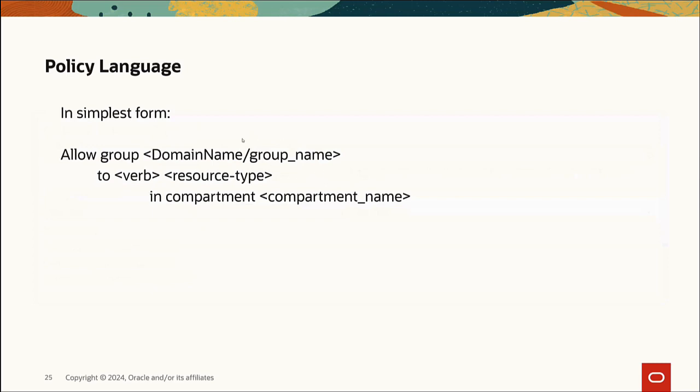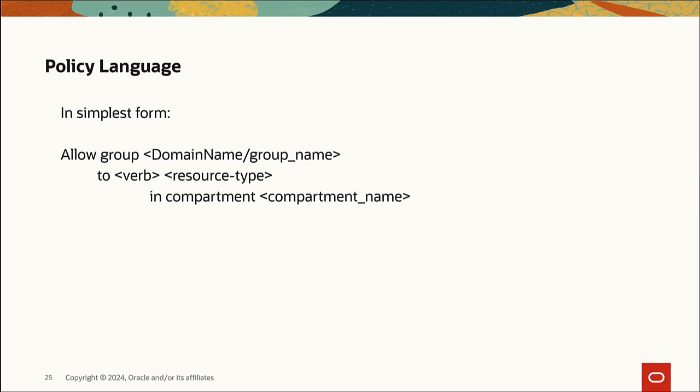Now, the subject here, remember, we talked about multiple domains. Back to our use case, if you remember, we had 3 separate domains. Each domain has its own set of users and groups. So if I have a group in the default domain, I can reference it by going default / and then the group name.